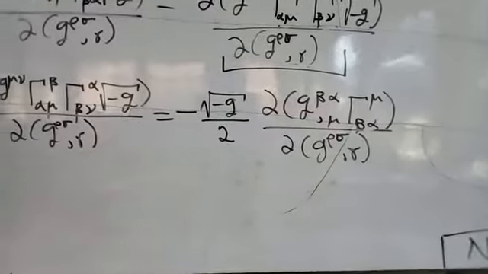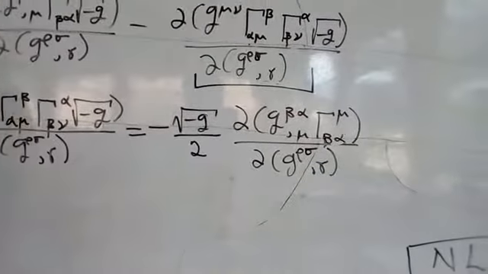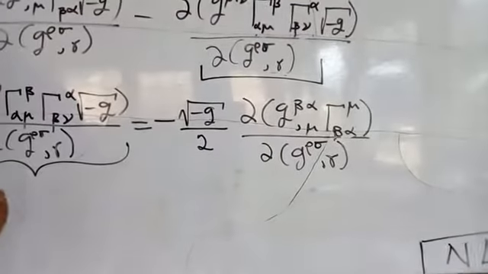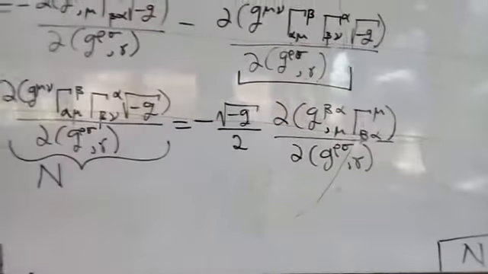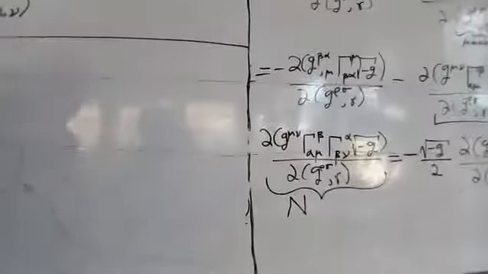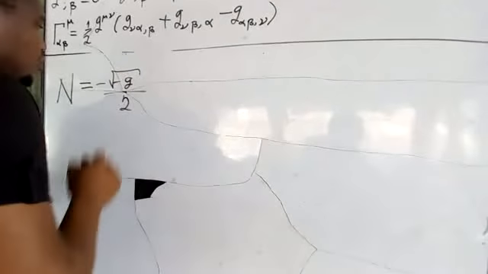So in order to make things very easy for me, I'm not going to write the left-hand side. Please, I'm going to call this some capital letter N, so I won't have to write it every now and then again. So capital letter N is equal to minus the square root of minus G all over 2.